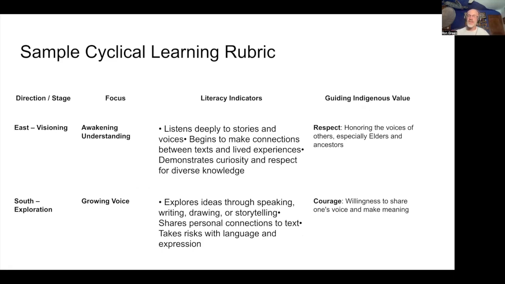A learner in this realm will share personal connections to text. They take risks with language and expression. And the guiding indigenous value here is courage. The willingness to take a chance, the willingness to share one's voice and create meaning.